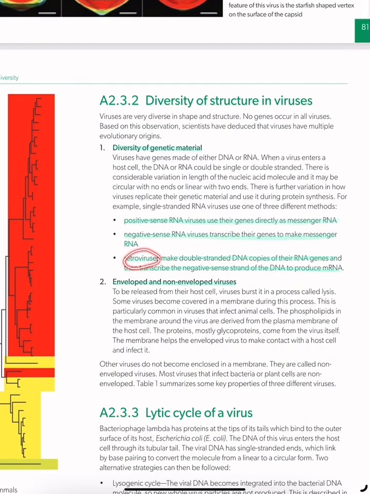And retroviruses make double-stranded DNA copies of their RNA genes and then transcribe the negative sense strand on the DNA to produce mRNA. So they have very different ways and techniques to produce mRNA, which creates a diversity in the genetic material.